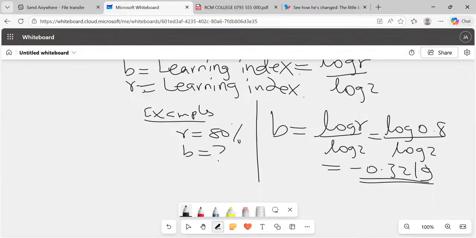Not yet, eh? Are you able to see the logarithm here? Or if you put over, let me check here. So we have logarithm 0.8.